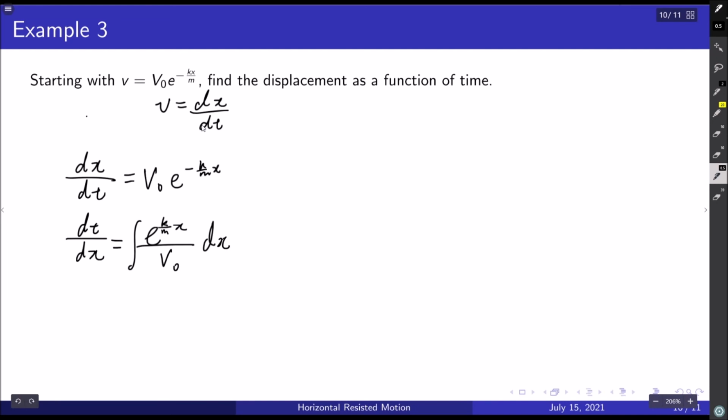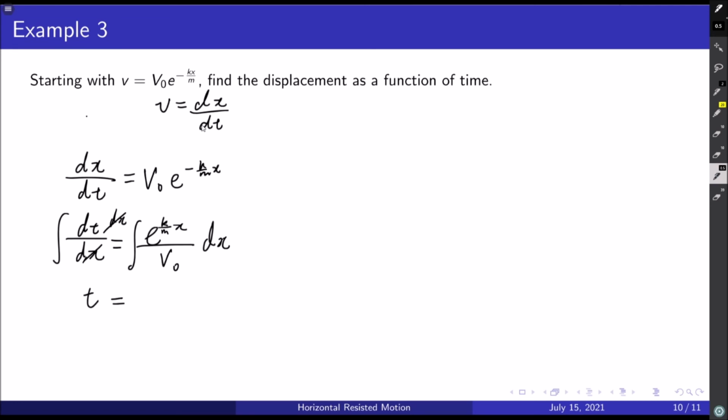Then we can integrate both sides. Okay, what do we end up with? dt over dx, so the dx cancel out, so we end up with t equals this one, which means we have to divide what's on the front.